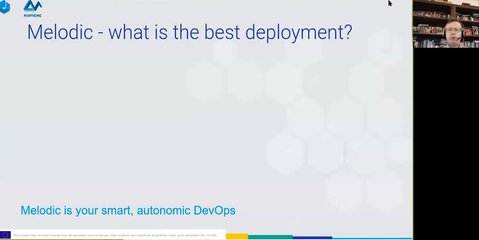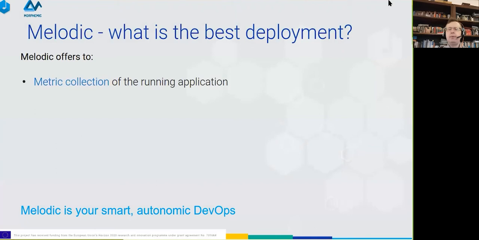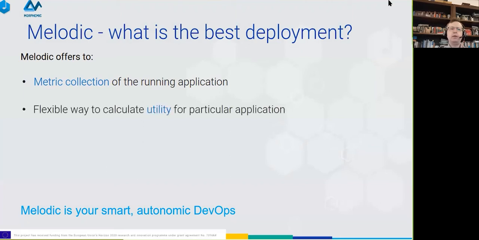The most crucial point is the question, what is the best deployment? To determine the best deployment, Melodic offers a full metric collection system. It is possible to collect metrics of the running application, and based on those metrics, calculate the so-called utility function.